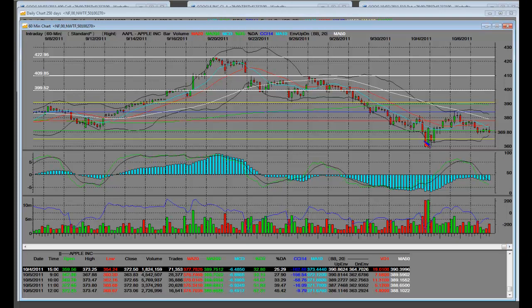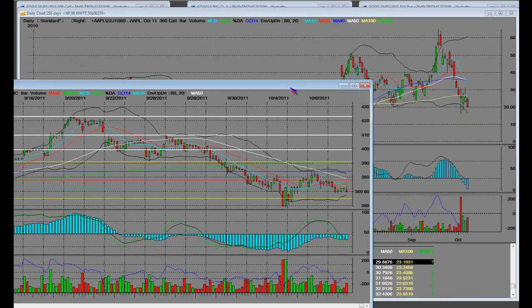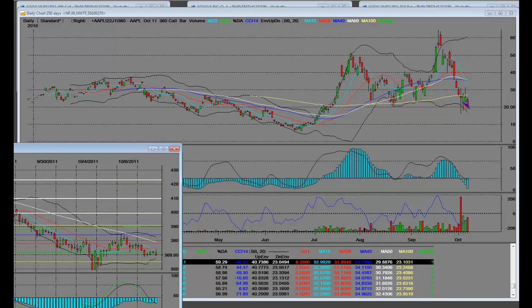This was where that breakout was, but it failed, and because of it, the 360 call closed all the way down here at all-time lows and still remains at a low level that could go a lot more if we continue downward in the trend. These can come all the way back down here and maybe lower.